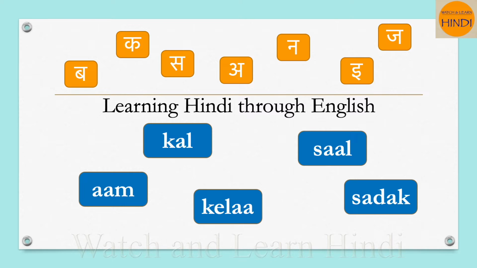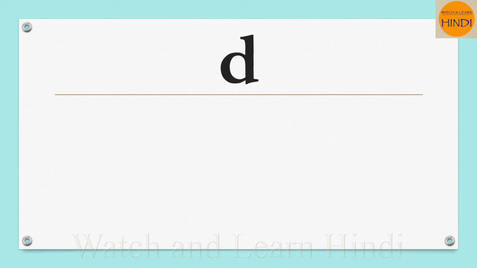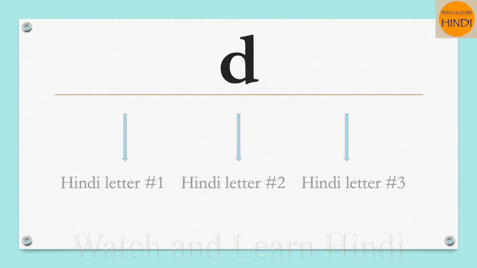Because sometimes a single English letter is used to represent more than one Hindi letter. And one such English letter is D. When used to write Hindi words, it can represent three different Hindi letters.